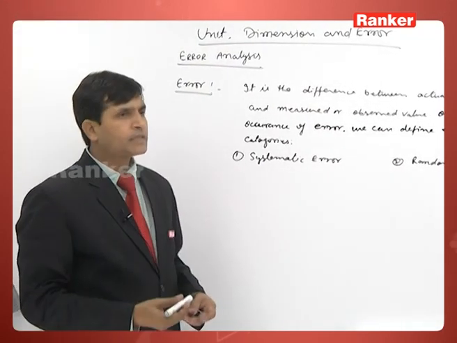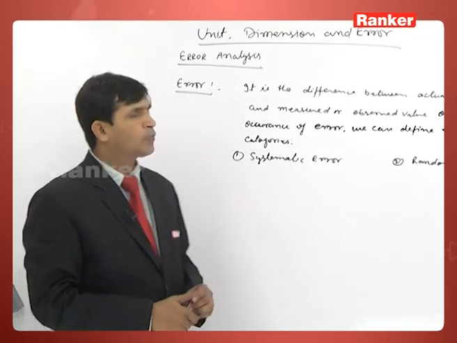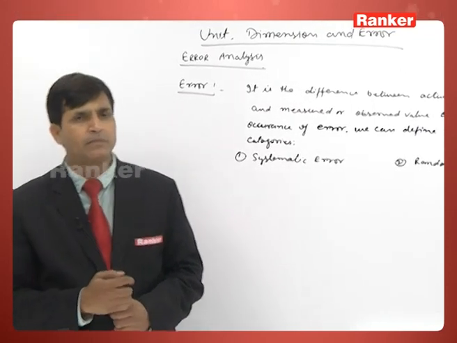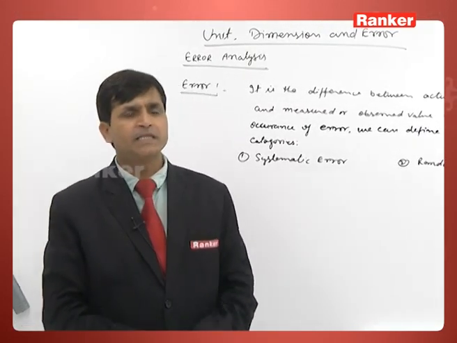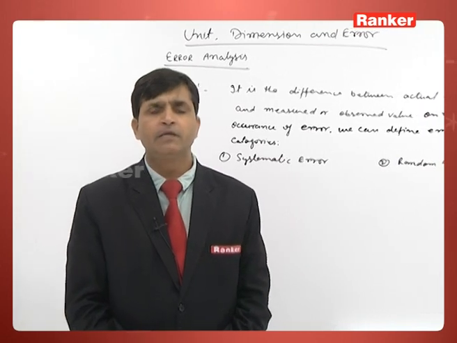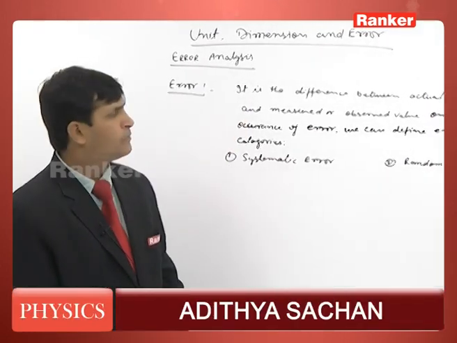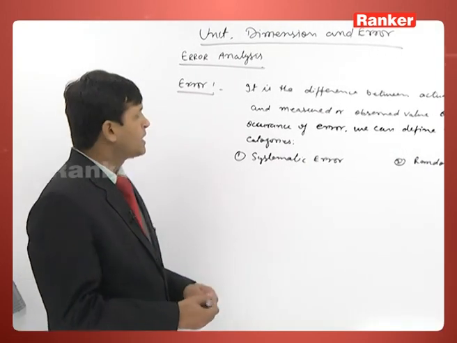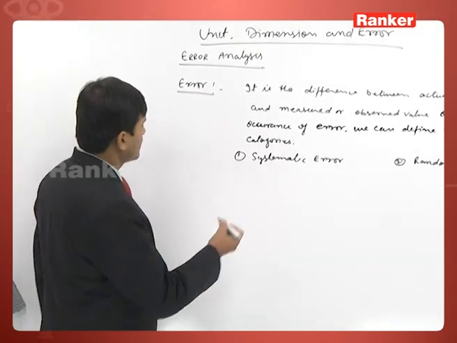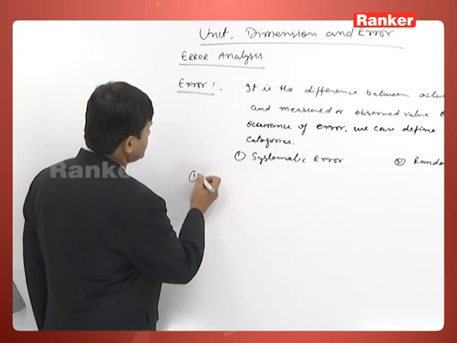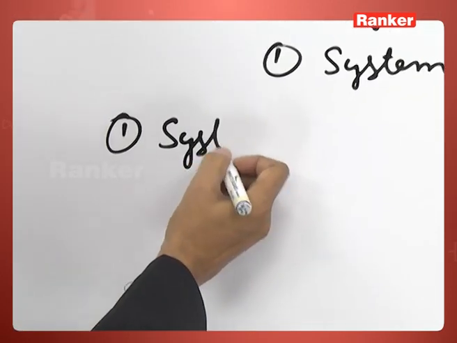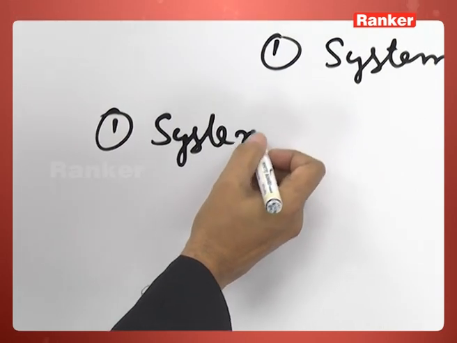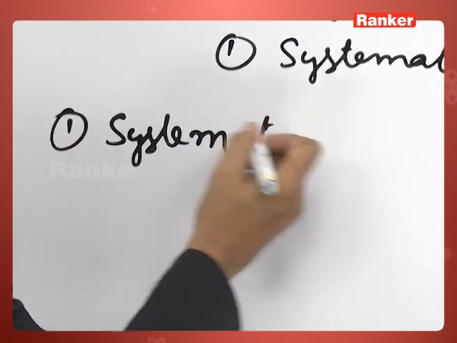Now, first systematic error. What is the meaning of systematic error? Normally, systematic errors are known errors, which occur in the same way or the same error in all the observations.